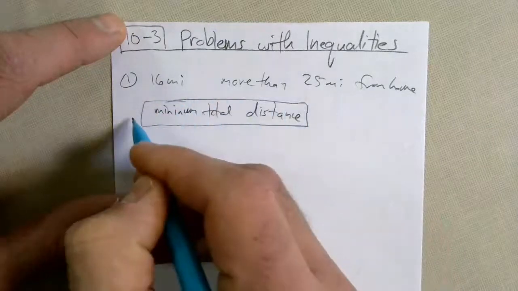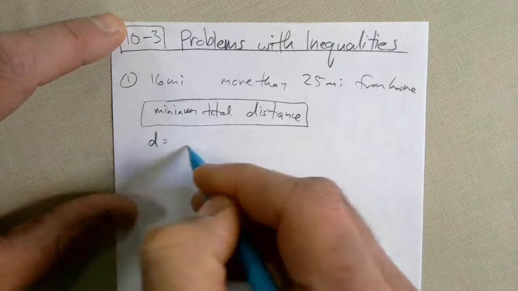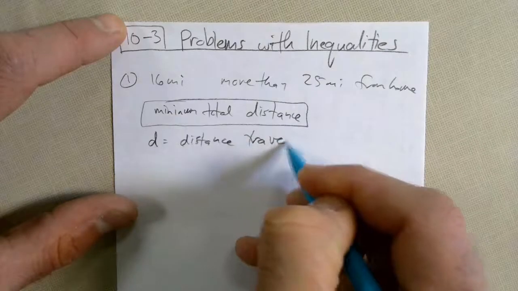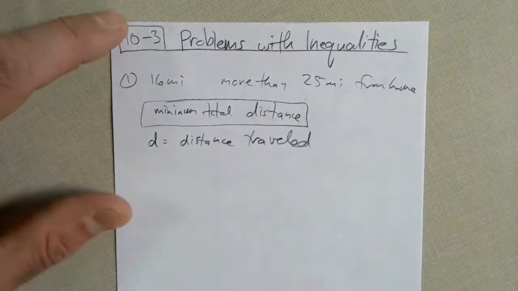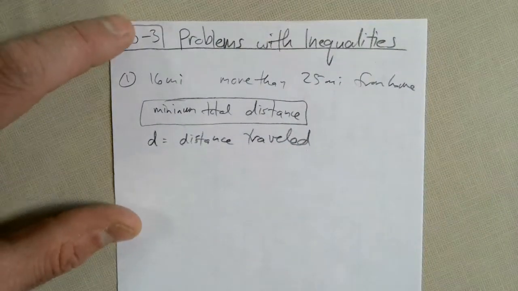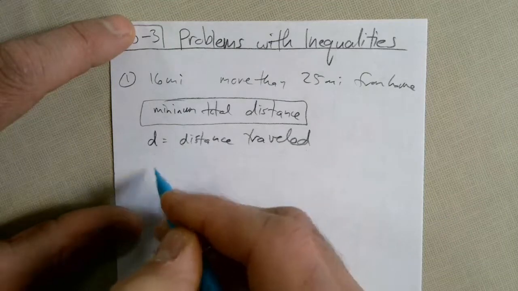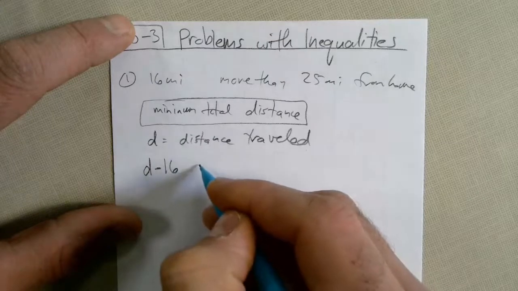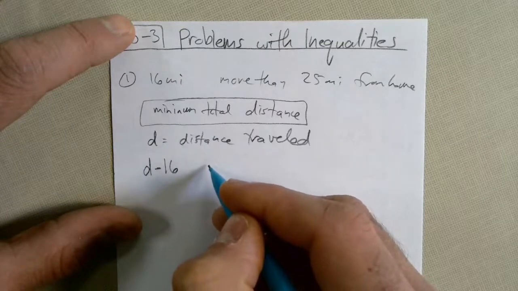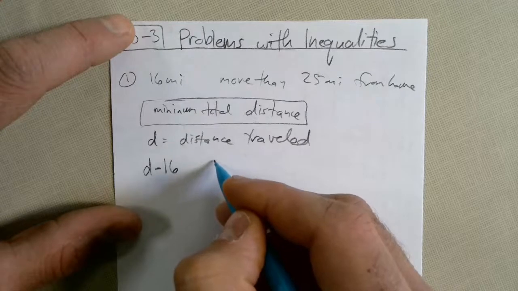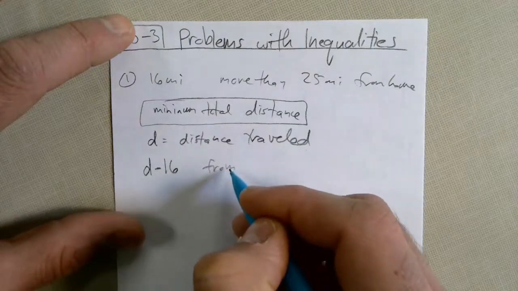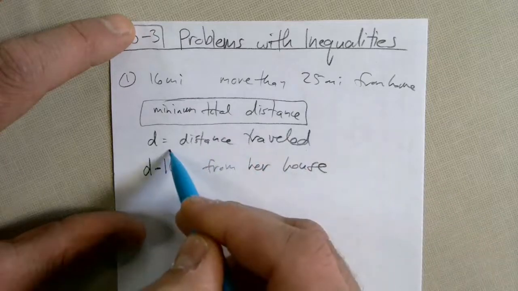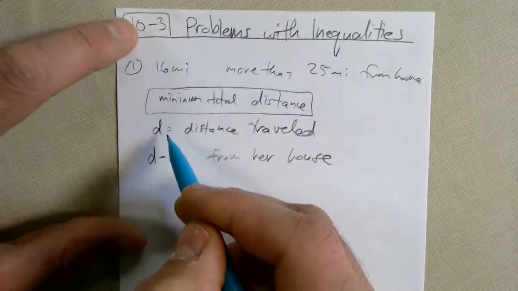Now let's pick a variable. Let's say D is the distance traveled, because we're looking for how far did she go. Okay, so D is the distance in miles. Now, D minus 16 is the distance from that sign to her house. Okay, so we've got two different quantities here.